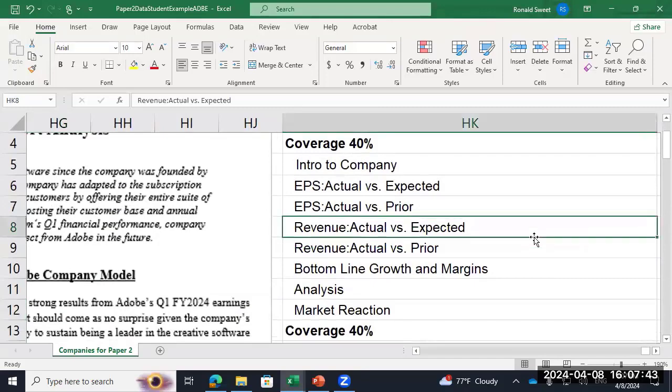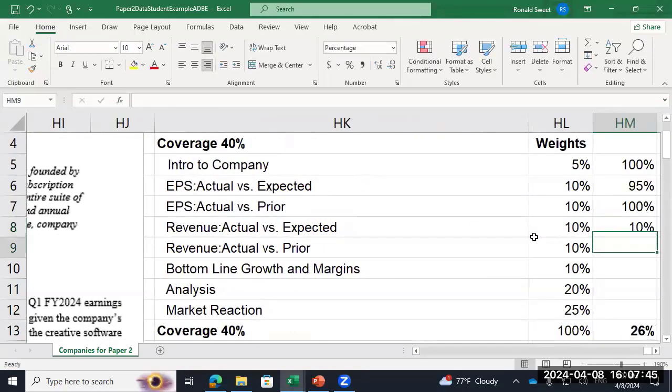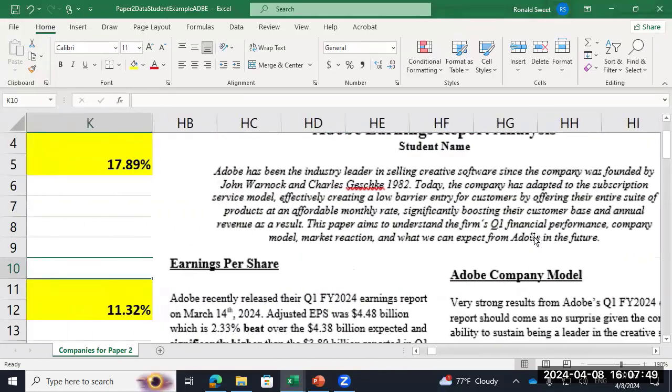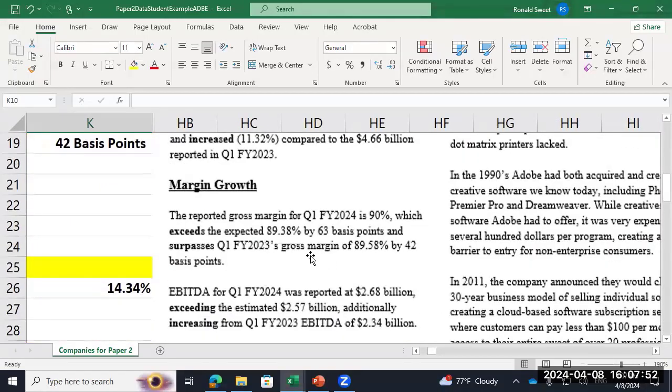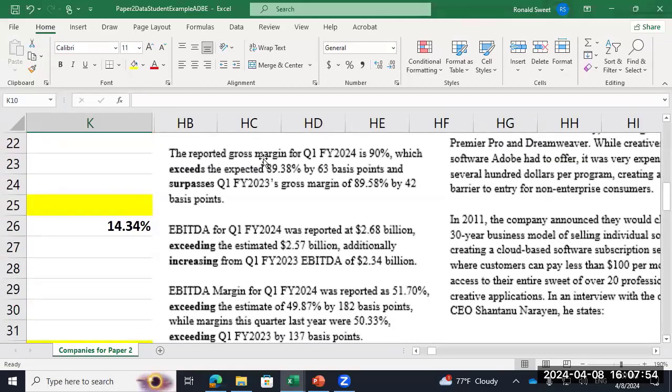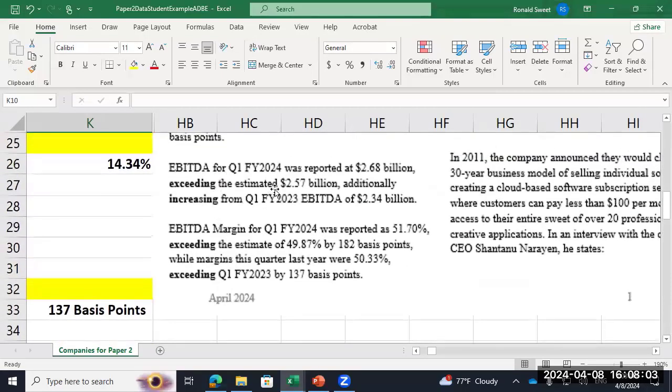It's really hard jumping back and forth, but in the bottom line, talk about margins. Reported gross margin is 90%, which exceeds expected by 63 basis points and surpasses prior year by 42. He talks EBITDA. You can talk EBITDA in dollars if you want to.